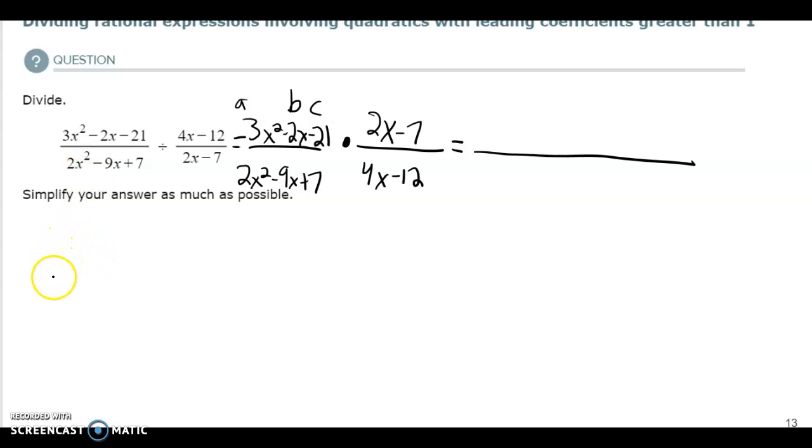3 times -21 gets us to our A times C of -63. So what multiplies to -63 but adds to our B of -2? We end up getting 7 and 9, and my 9 needs to be the one that's negative in order to get to -2.